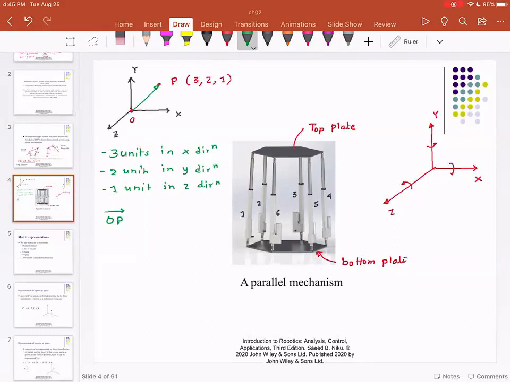Let me introduce the concept of a unit vector. You have the concept of unit vector that indicates direction, not magnitude.